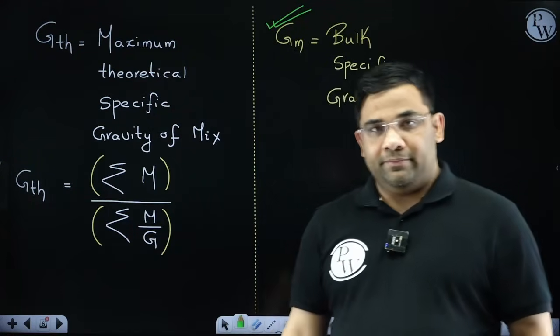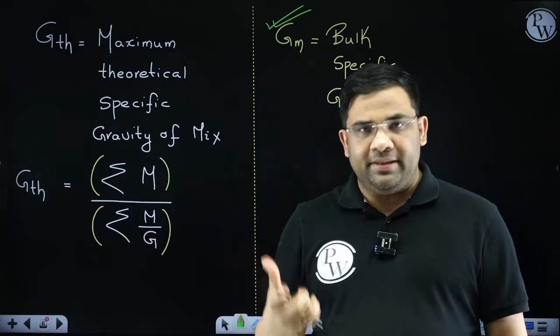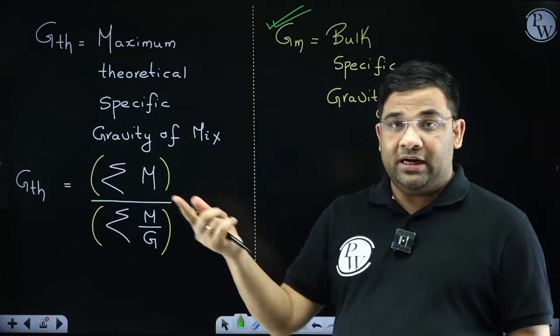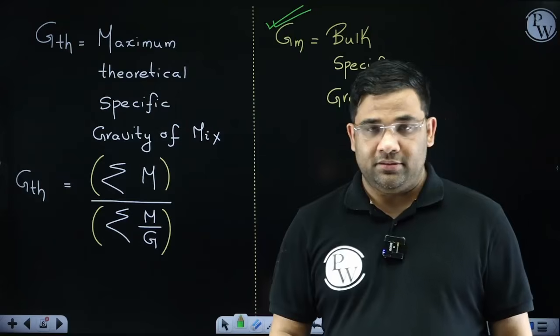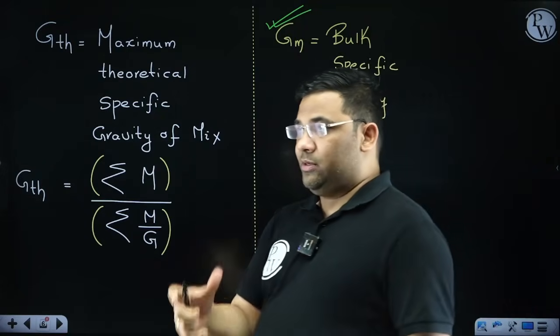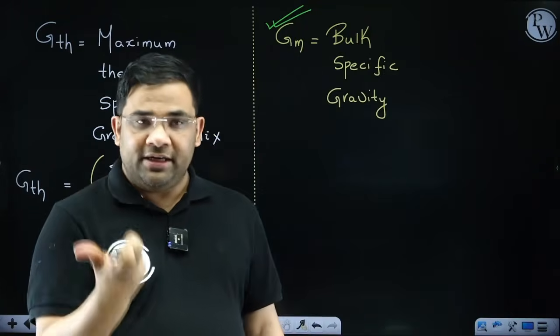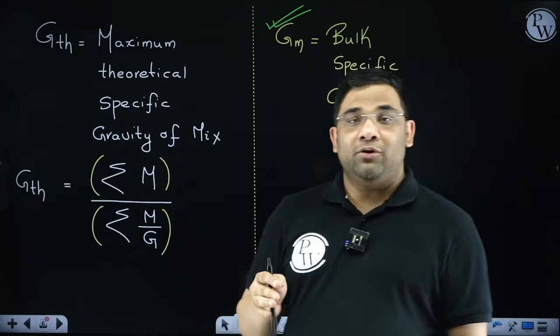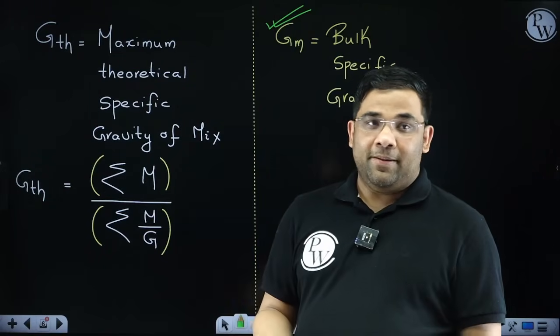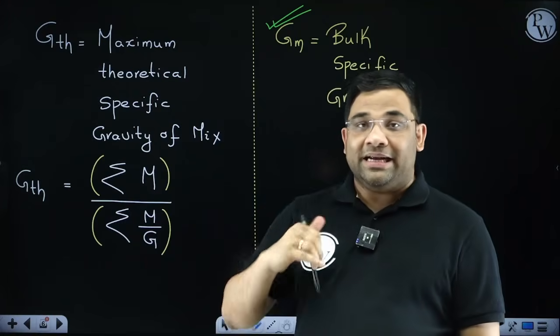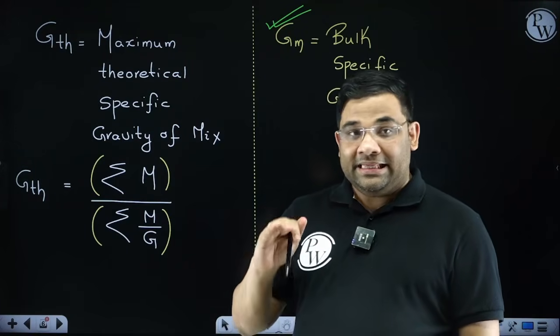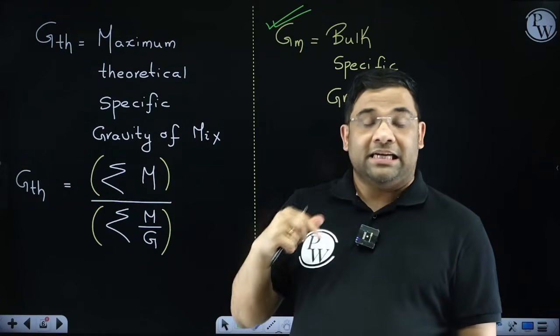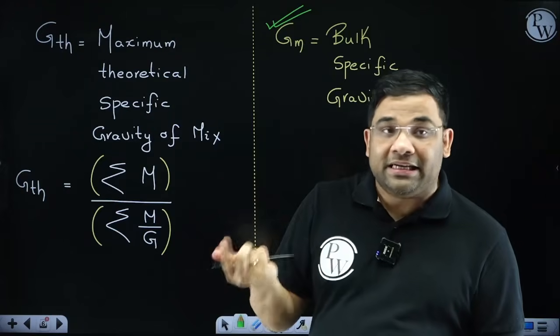air. See, when you prepare the mix and then take it to the field, you compact the bituminous mix, right? So what will happen when you compact the bituminous mix? The air voids will reduce. Yes, but it will not become zero, right? But if theoretically you make it zero, and then you find out the specific gravity, that is known as the maximum theoretical specific gravity.